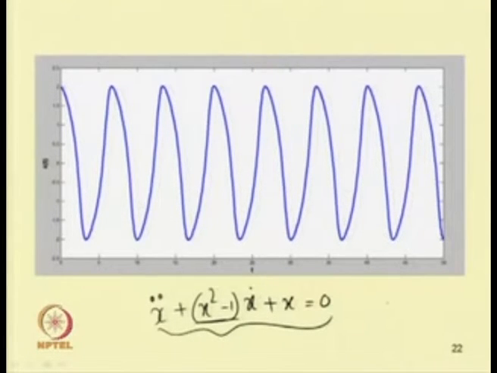if mod x is less than 1, and it is positive if mod x is greater than 1. When it is negative, the system will have a tendency to become unstable, or the response will grow, and when it is positive the response will tend to decay.